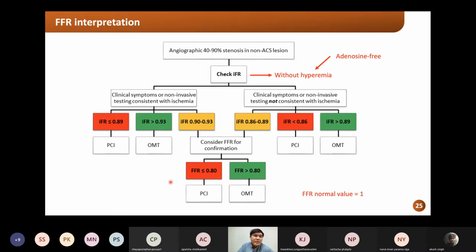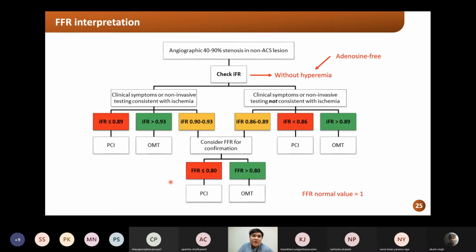Those patients might be considered for PCI of those regions. But in case the iFR is greater than 0.93, those patients might not be considered for PCI, and may use drugs to treat instead, or lifestyle changes, something like that.